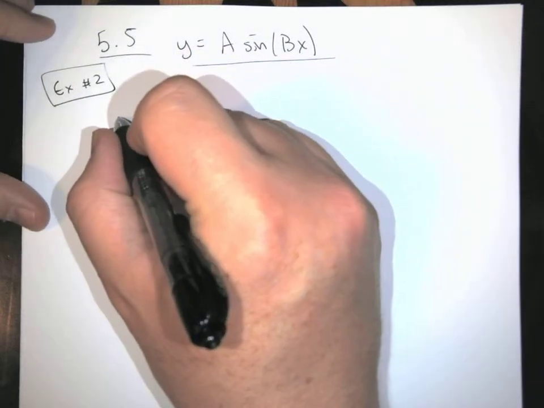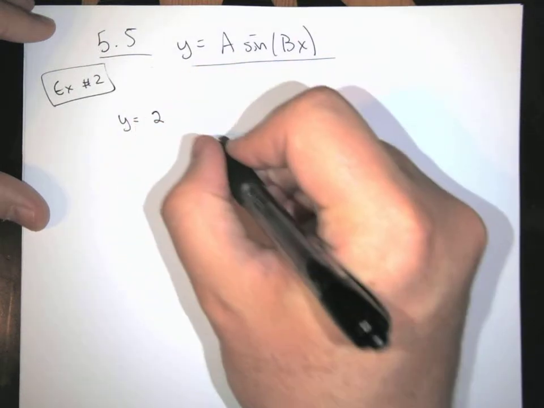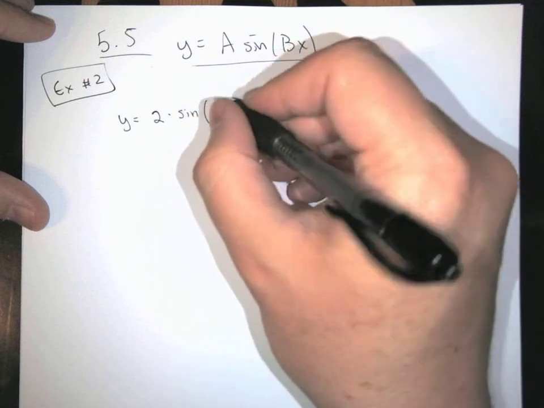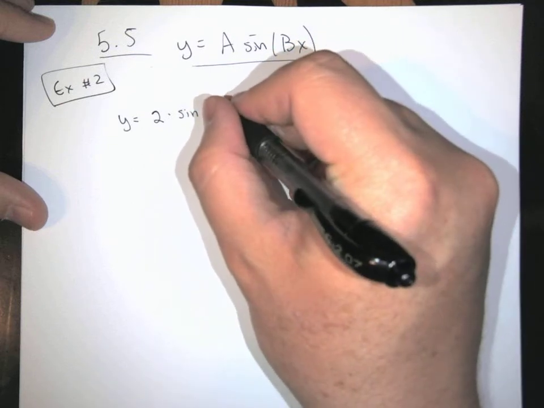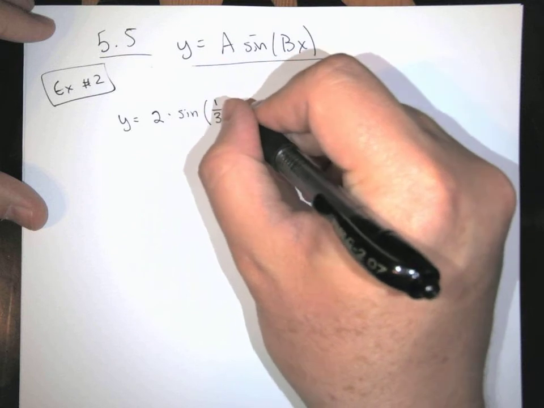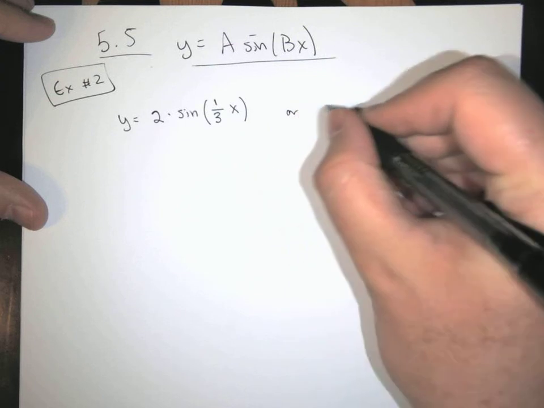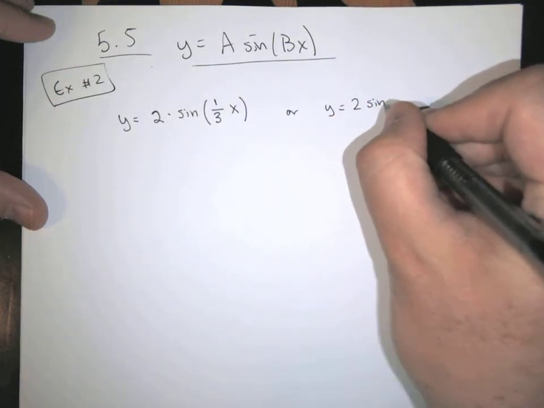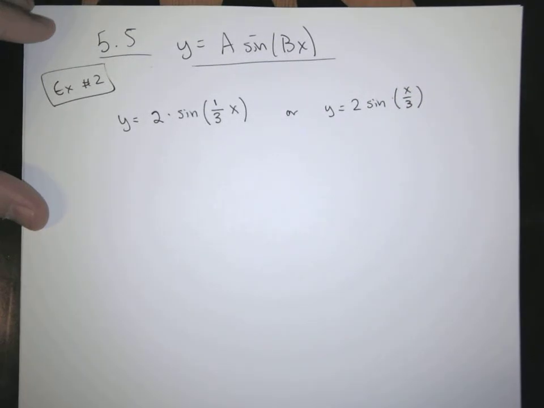So let's graph y equals 2 times the sine of 1/3 x. Just for notation wise, you could also see this written as y equals 2 times the sine of x divided by 3, right?